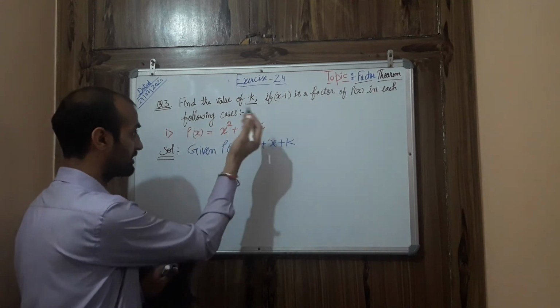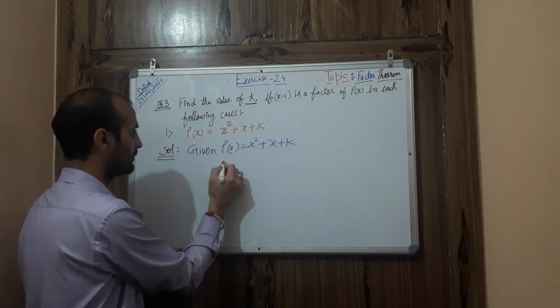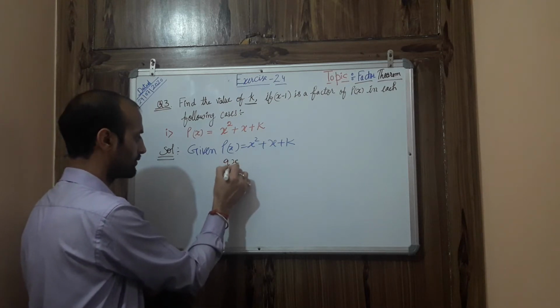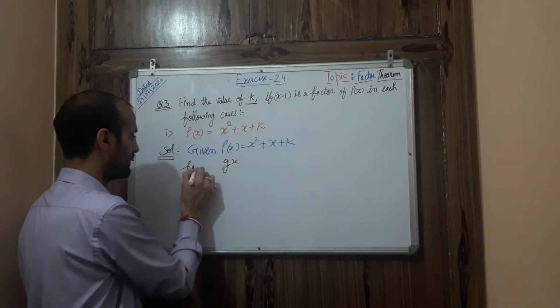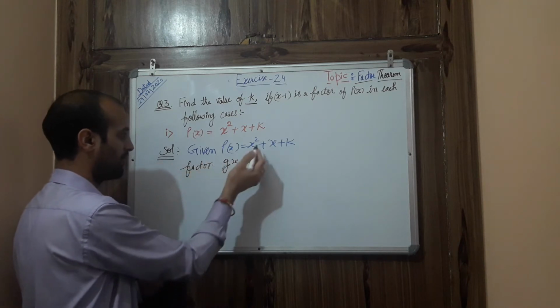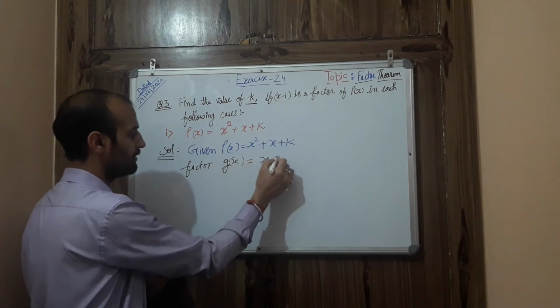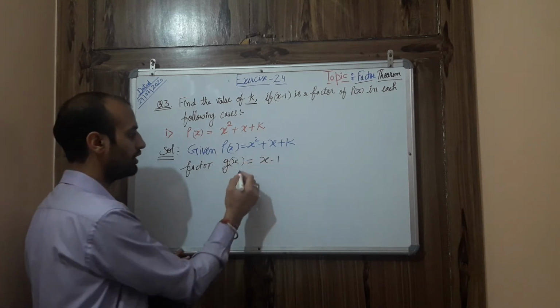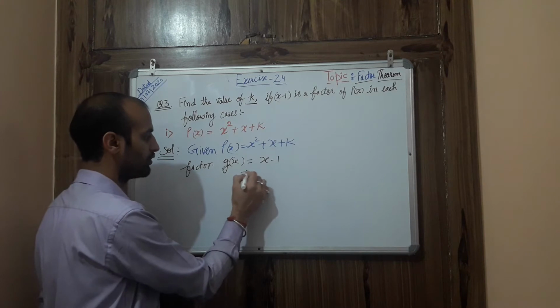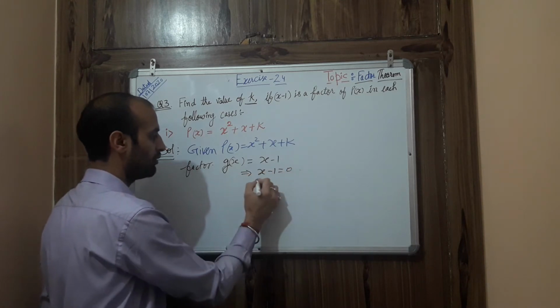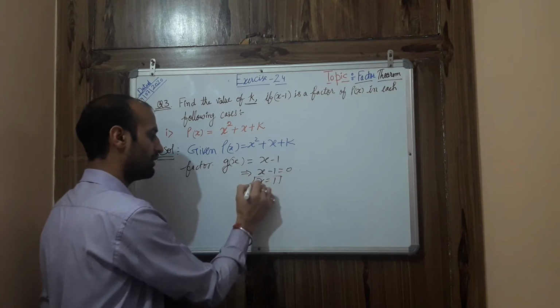It is given that g(x) is a factor of p(x), and g(x) is x minus 1. So from here you put g(x) equal to 0, or x minus 1 equal to 0, and you will get x equal to 1.